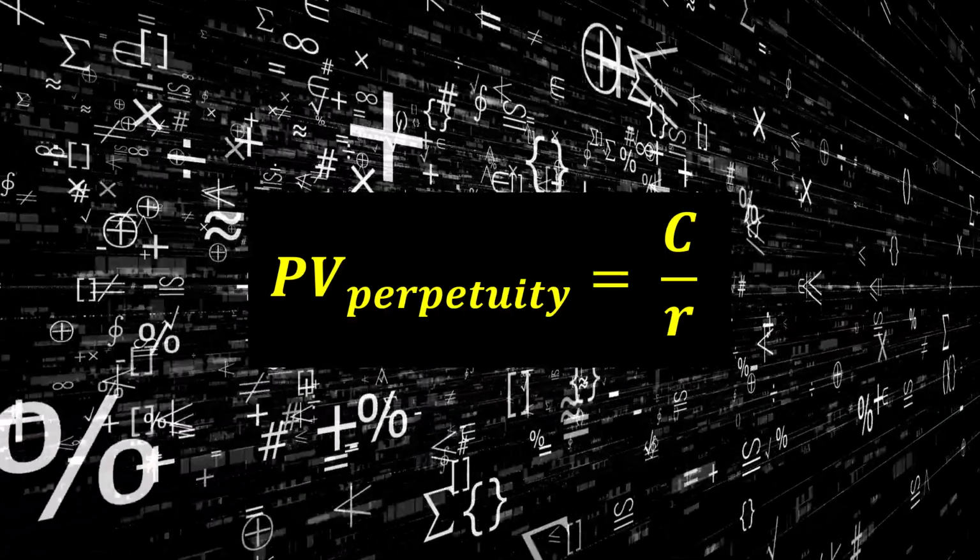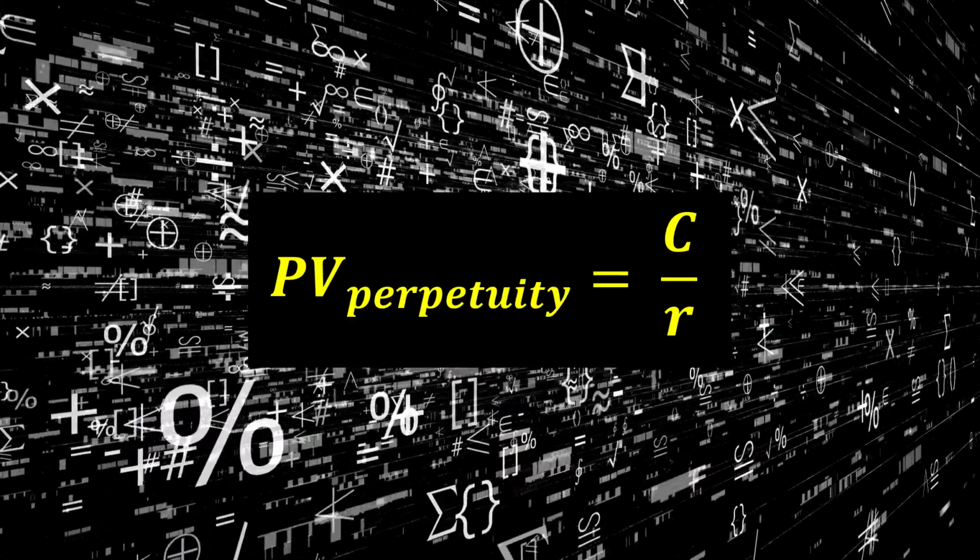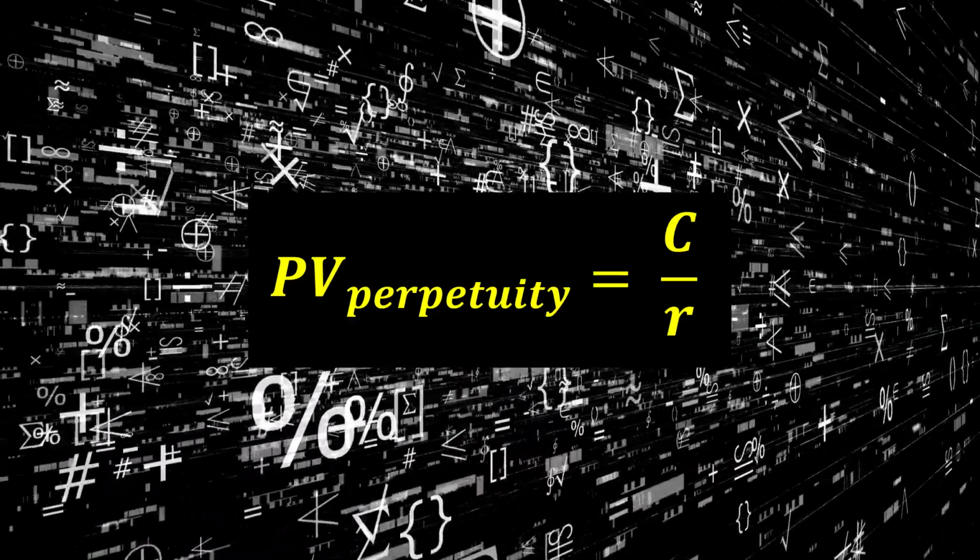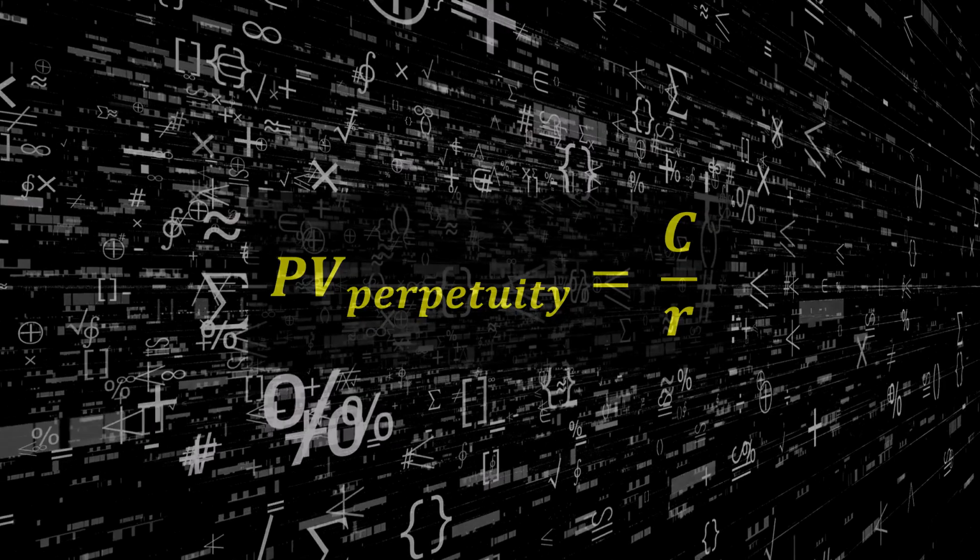But there is a surprisingly rich and interesting mathematics behind one of the simplest equations in finance. So in this video, we're going to take a look at the background to the perpetuity equation.